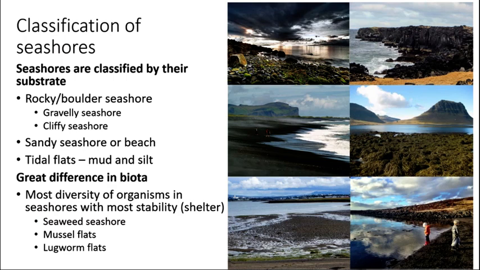And the greatest diversity of organisms is simply where there is the most stability and shelter, and that of course depends on which direction the beach or the seashore is facing.